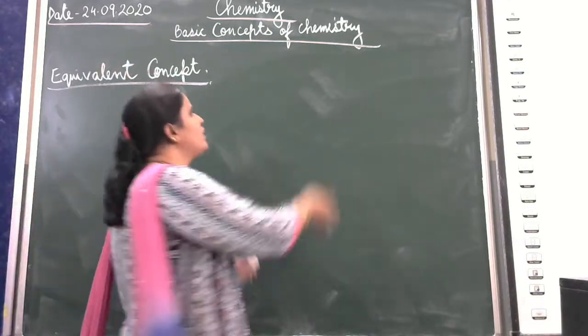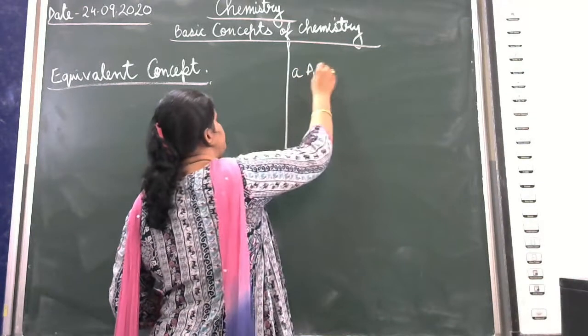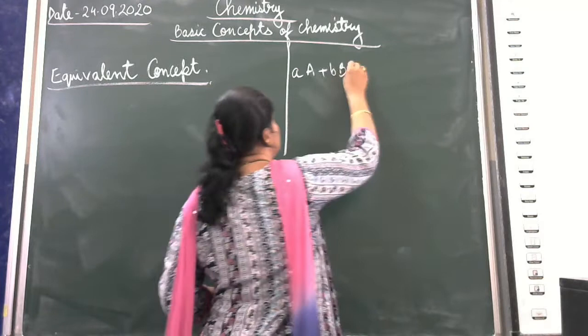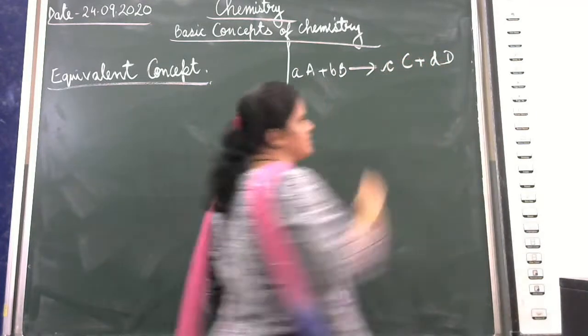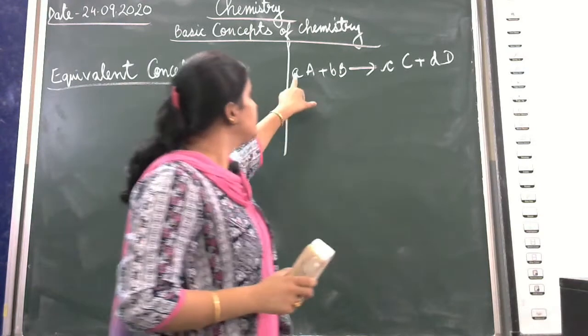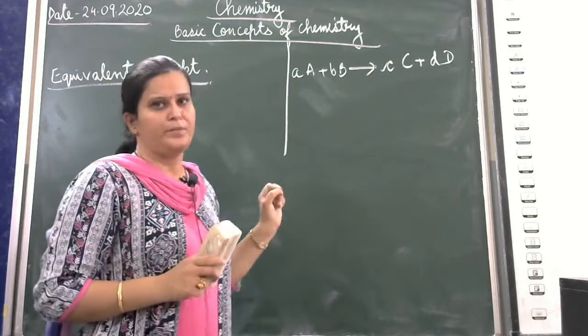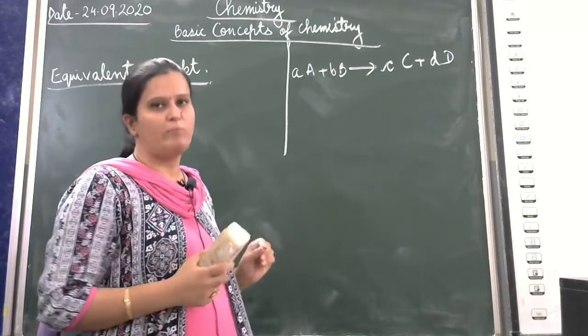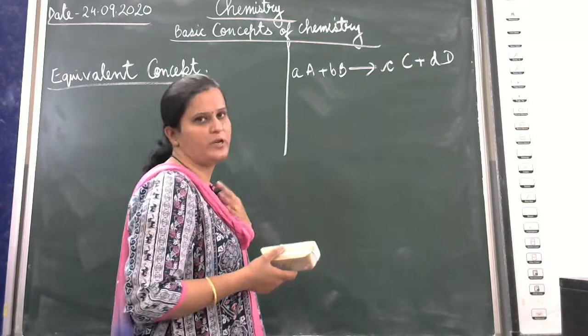Isn't it? What we were doing, if you remember, suppose this is one reaction. In general, I am taking this equation. So here it means that the stoichiometry should be known to me. Only then can I use my mole concept. And what was I doing in the mole concept actually?